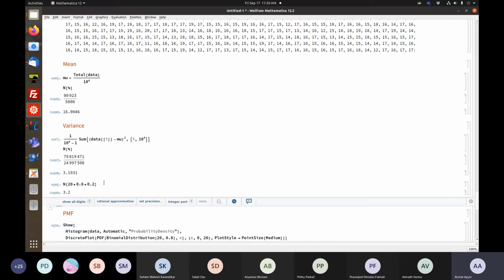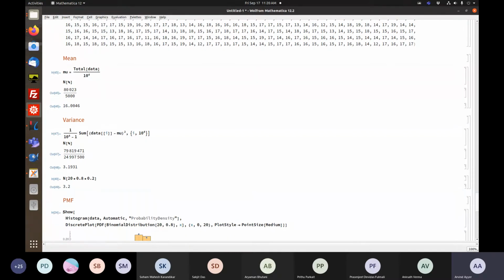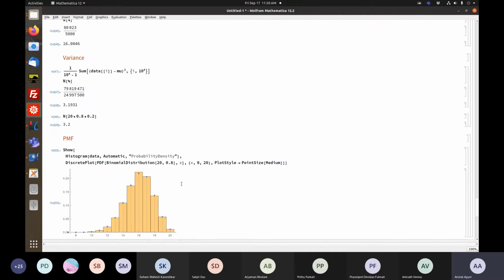And lastly, let me show you the PMF. Let me compare the PMF of this binomial distribution with the histogram of this data. So these rectangles represent the histogram that we have seen already earlier when we were talking about data.